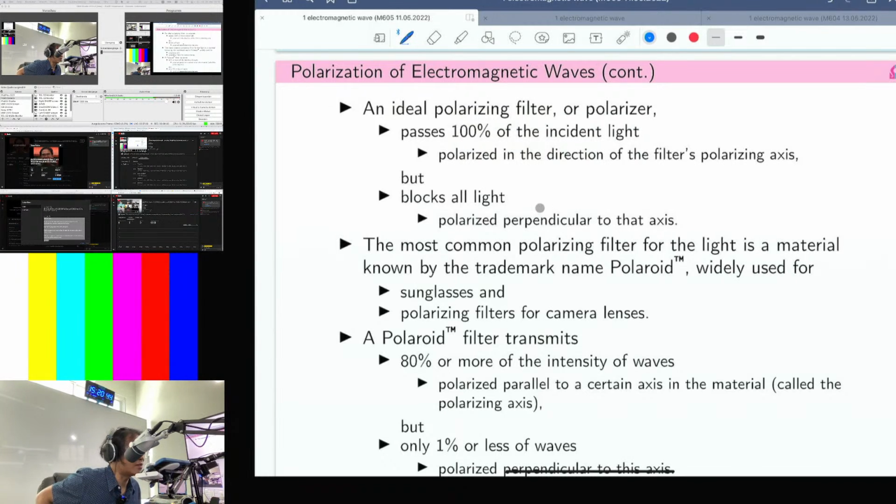Okay, it cannot pass through the polarizing filter. And the most common polarizing filter for light is a material known in the market as Polaroid.